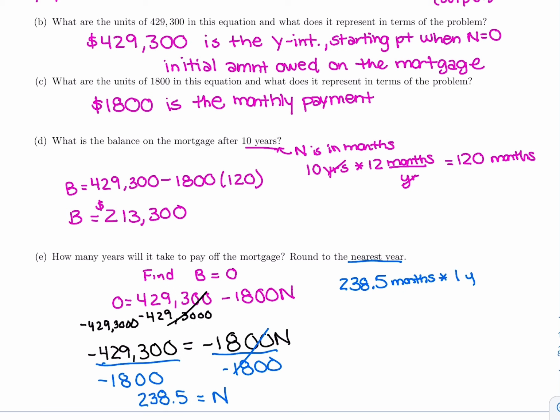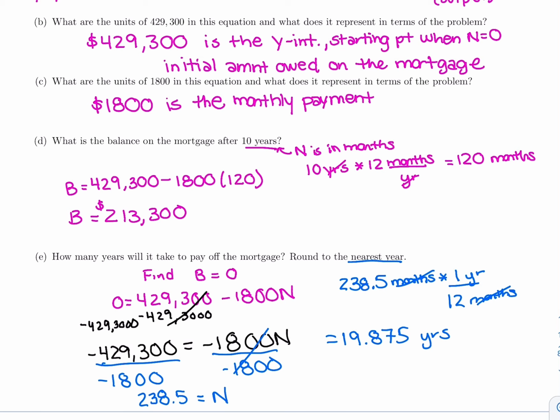Well, 1 year has 12 months. So we need to multiply by 1/12 or divide 238.5 by 12 to convert this to years. So we have 19.875 years.